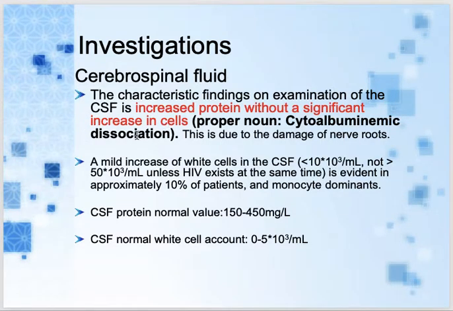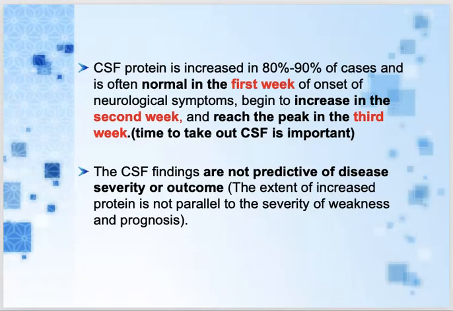So we can take the CSF, in which we will find that they have normal white blood cells, but the protein count can be raised. And CSF protein is increased in 80 to 90% of cases and often normal in the first week of onset, right? Those are the details of that. Besides that, we can do nerve conduction studies as well as electromyographic studies.